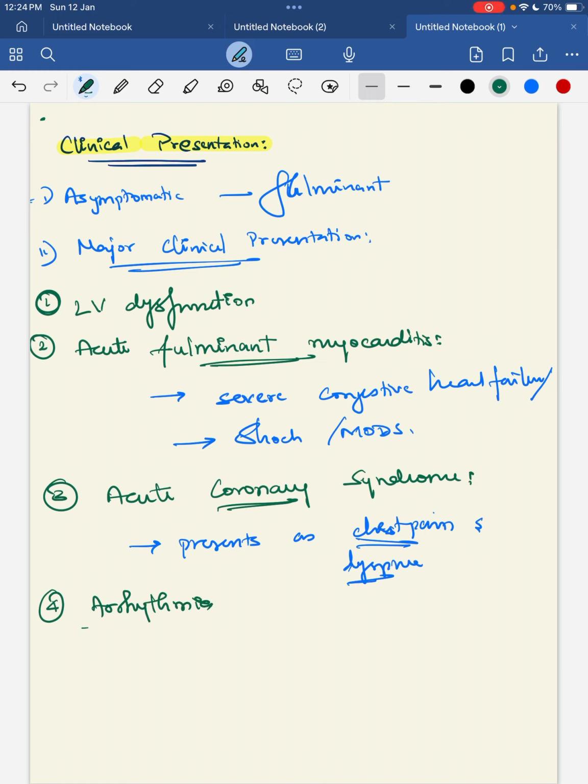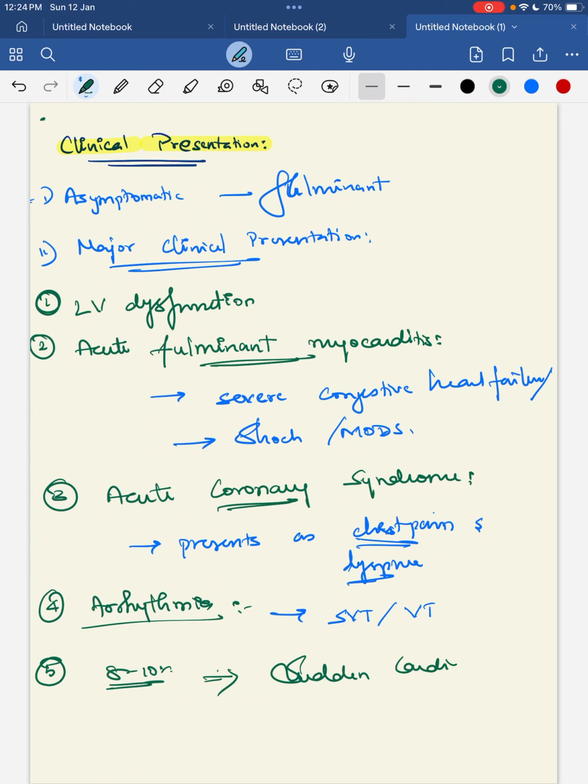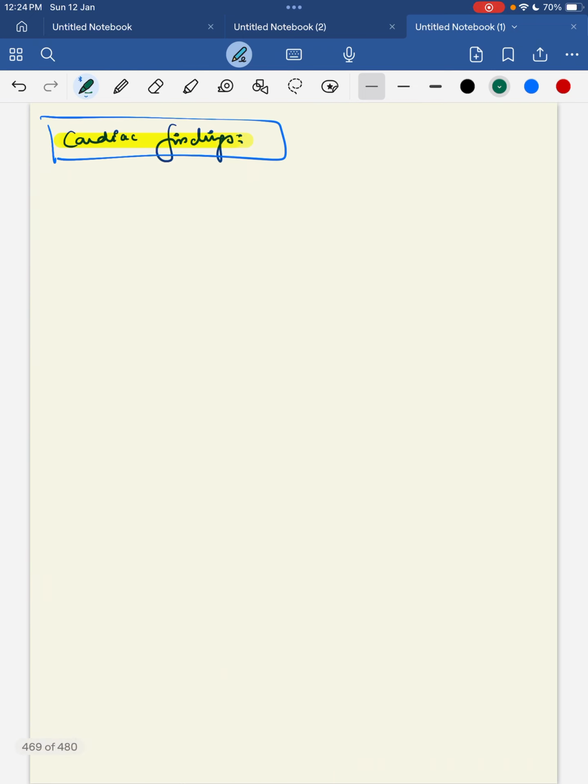Next is your cardiac findings. Cardiac findings will be similar to those of heart failure. The child will have resting tachycardia or tachypnea. Second, the child can have features of shock, that is the CRT will be prolonged. Third, the child will be in a hypotensive state. Fourth, the child will have an elevated JVP. Fifth, the child can have cardiomegaly.